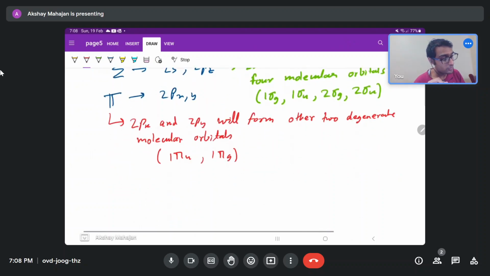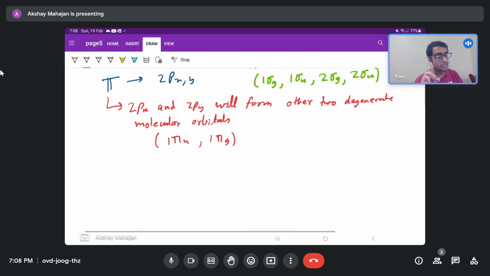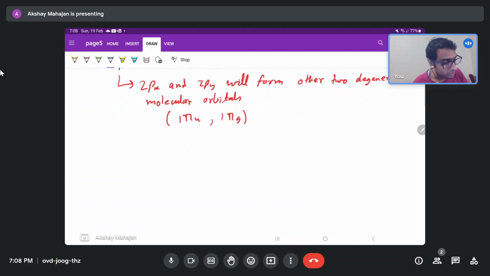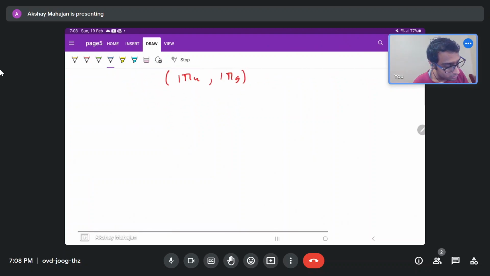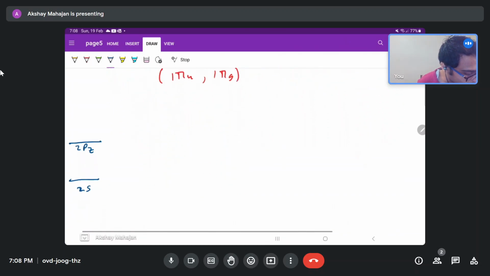Now, 2px and 2py will combine independently. We just consider that they are combining independently, and that 2s and 2pz are combining separately. So I will have this diagram. I will have my 2s here from one oxygen atom, and this is my 2pz.